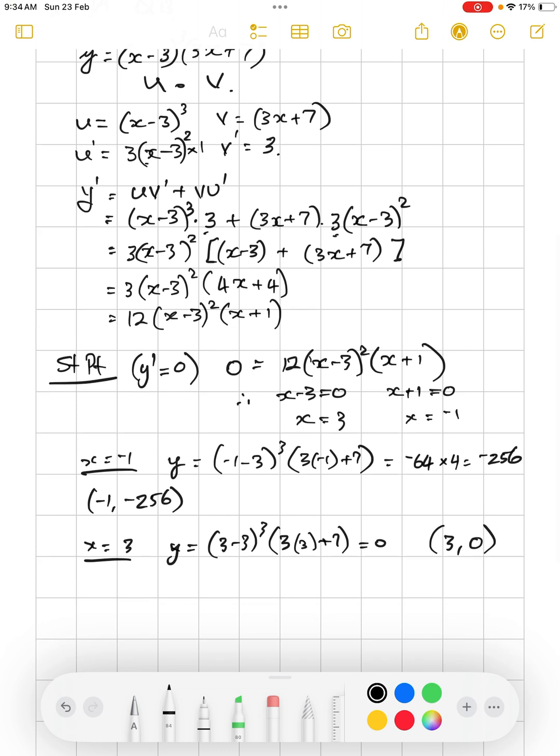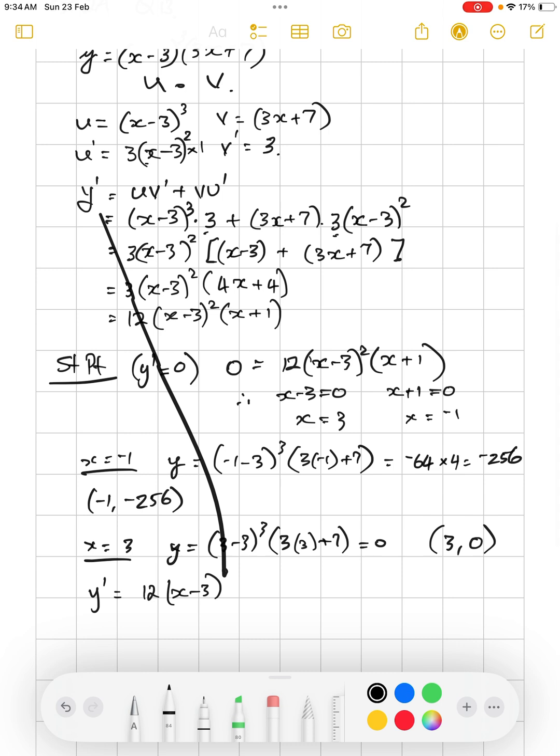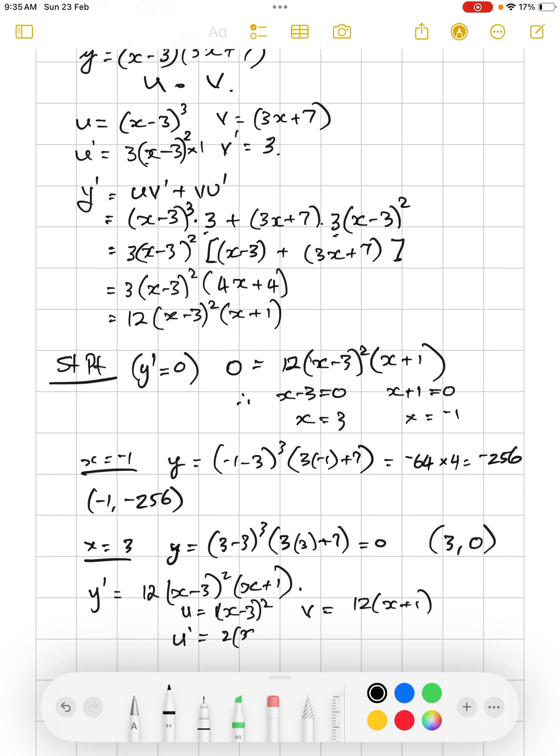Okay, so the first derivative y' is 12(x − 3)²(x + 1), where u is, say, (x − 3)², and v is 12(x + 1). u' is 2(x − 3), and v' is simply 12.